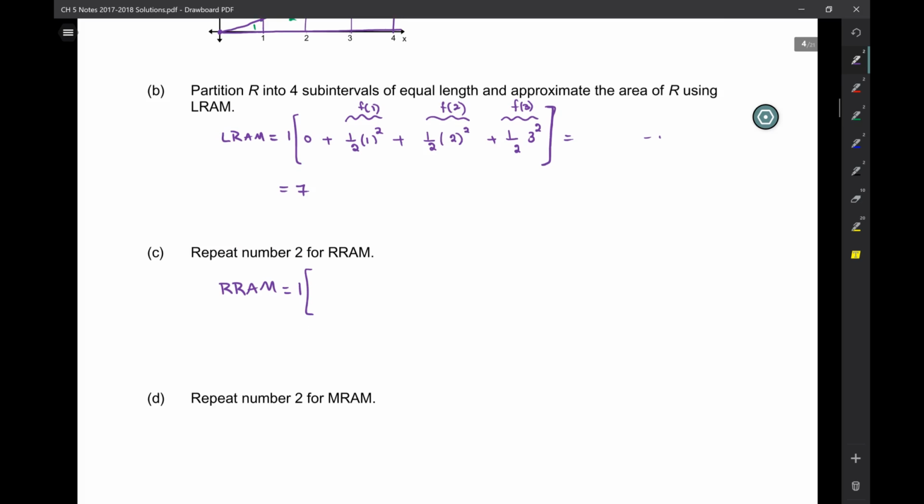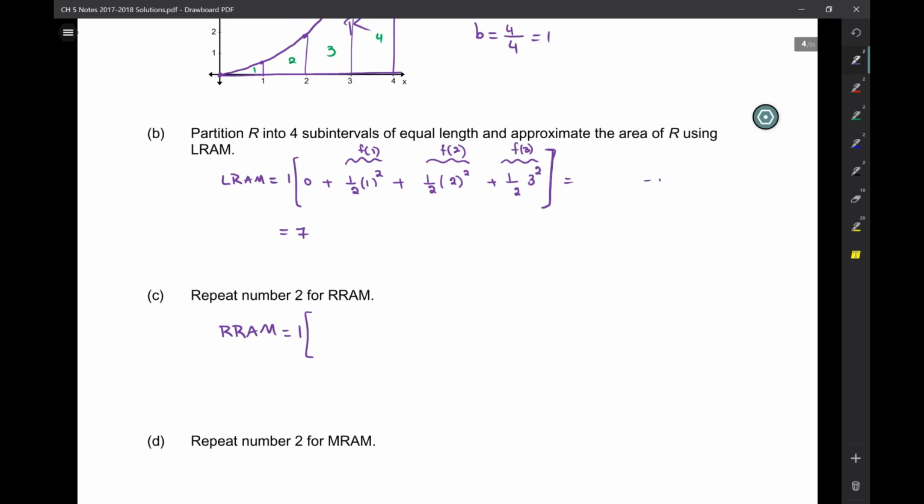We're going to take the right endpoint. So for rectangle 1, the right endpoint is 1. So it'll be half 1 squared plus half 2 squared plus half 3 squared plus half 4 squared. And that'll give us 15.